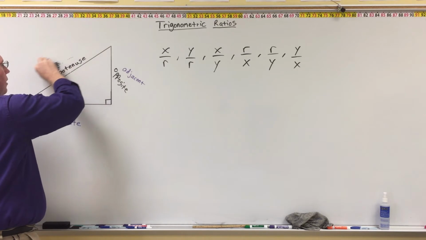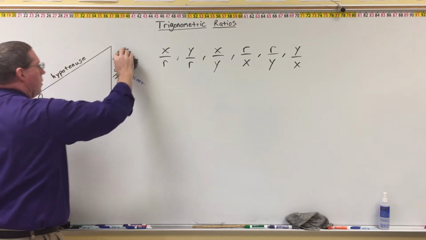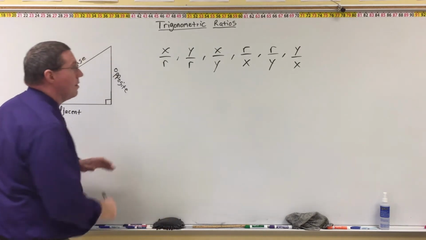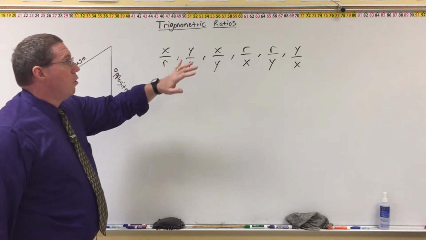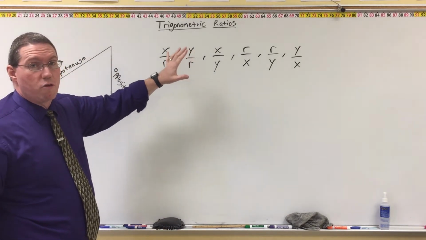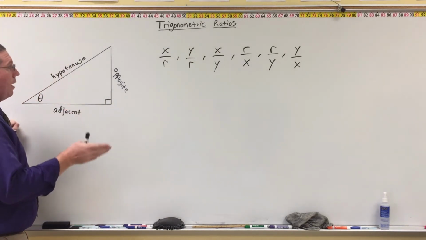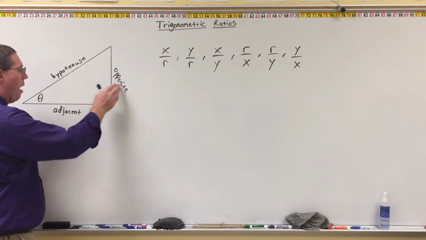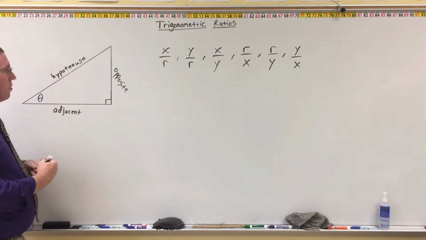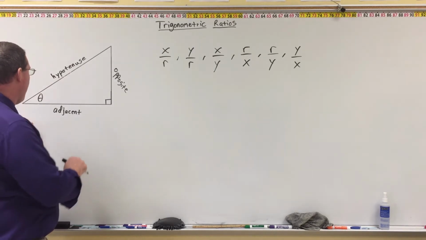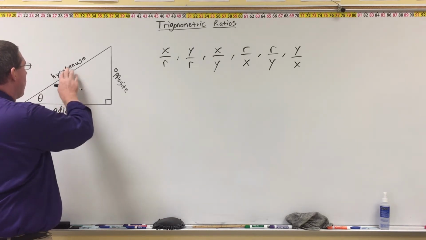For now, we're just going to deal in angle theta, okay? So we're now going to create these same 6 fractions, these same 6 ratios, only instead of using x, y, and r, we're going to use the names opposite, adjacent, and hypotenuse. And so one possibility is adjacent over hypotenuse.